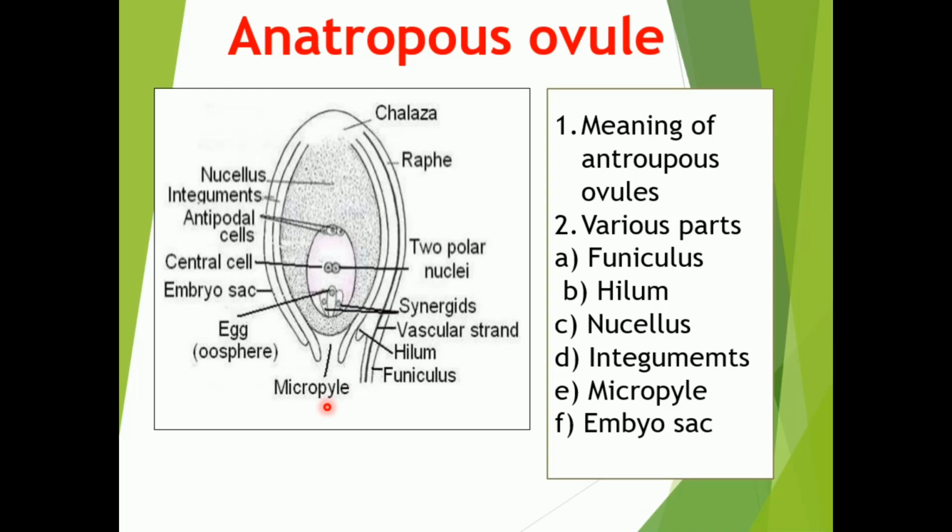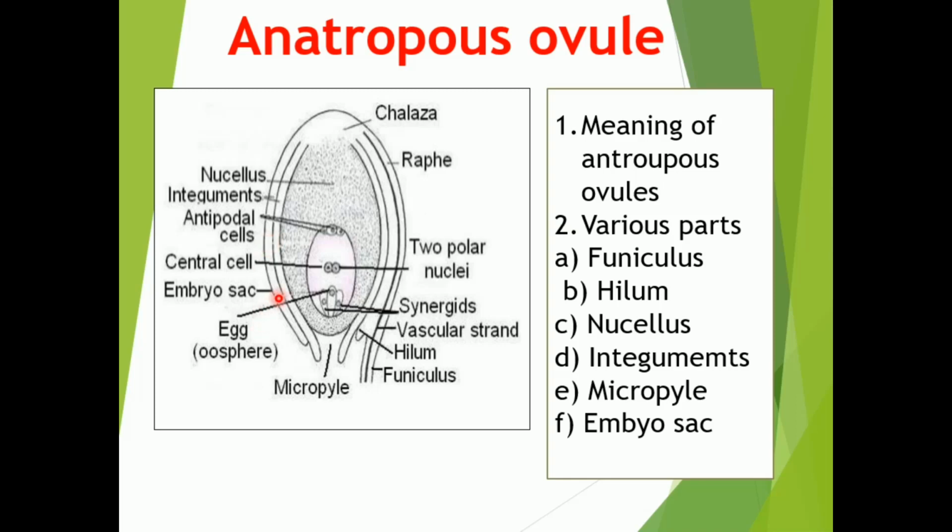The ovule consists of a central parenchymatous tissue called the nucellus. The nucellus is usually surrounded by two protective coverings called integuments. The integument is bilayered, one outer and one inner integument.